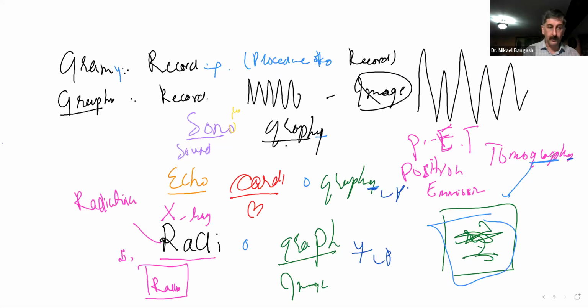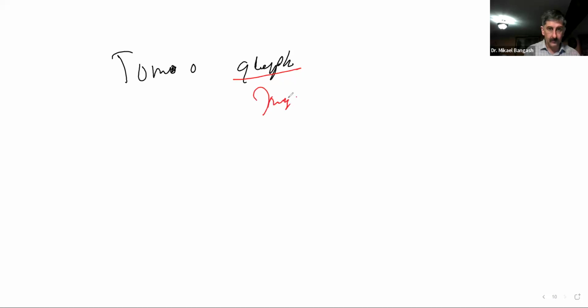When you look at the word tomography, there's always going to be something new. Tomograph, the graph here is the image.